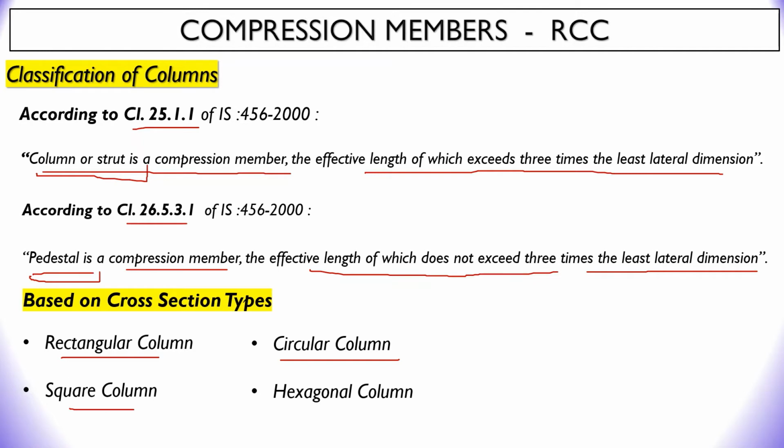And the fourth type, which is also taken into account, is the hexagonal column. No doubt we can classify in various other types also, but prominently these three types of columns you will find in most of the structures: rectangular column, square column, or circular column.